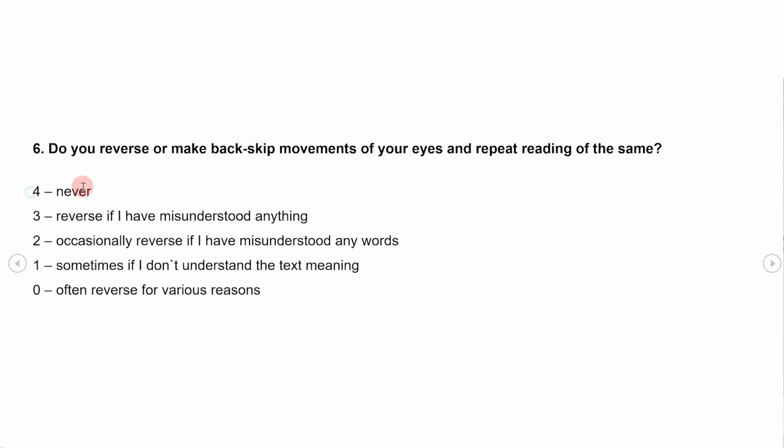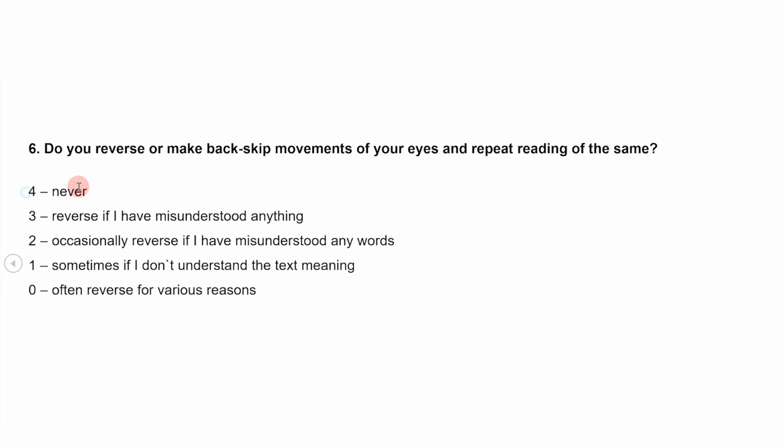Do you reverse or make back skip movements of your eyes and repeat reading of the same? 4 points. Never. 3 points. Reverse if I have misunderstood anything. 2 points. Occasionally reverse if I have misunderstood any words. 1 point. Sometimes if I don't understand the text meaning. 0 points. Often reverse for various reasons.